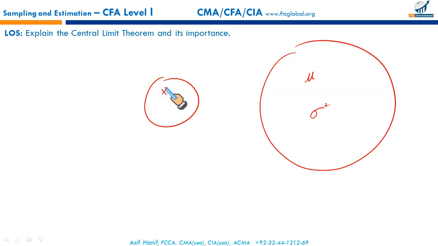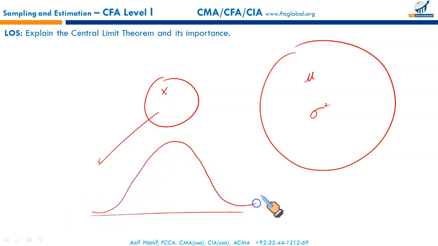Now, if your sample size is large enough, the sampling distribution that you will construct will tend to assume a normal distribution. Right? When the sample size is sufficiently large, the sampling distribution will tend to become a normal distribution.